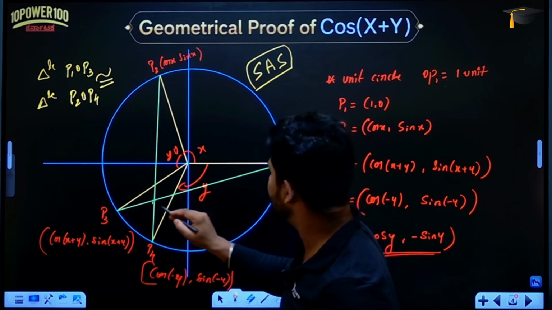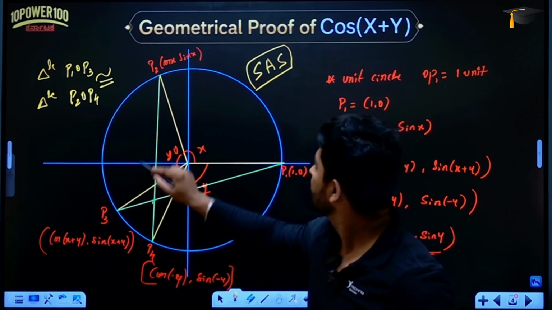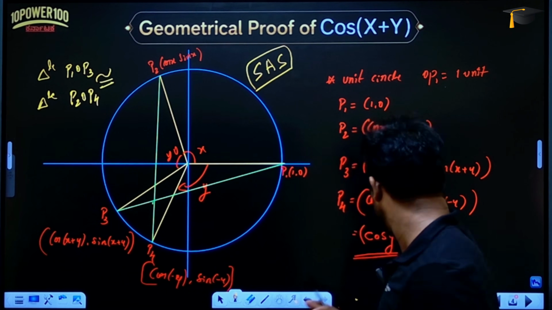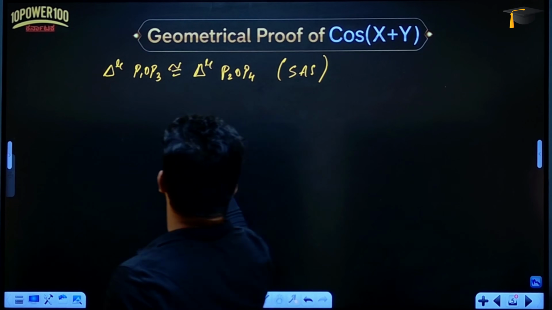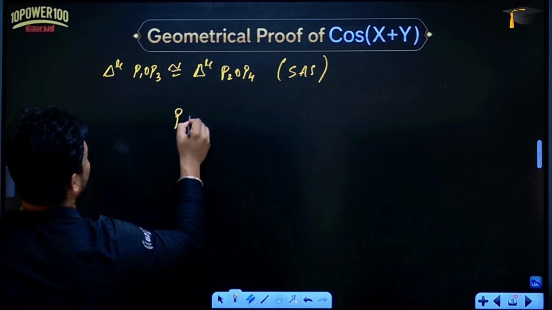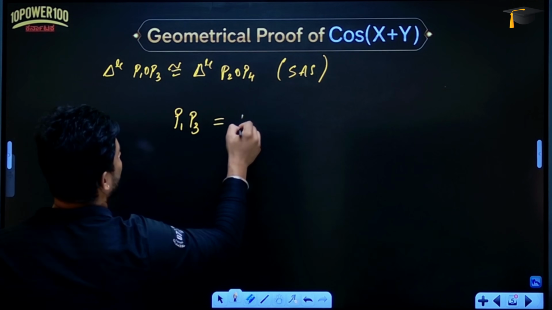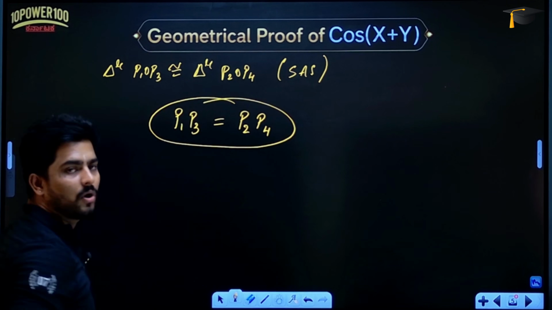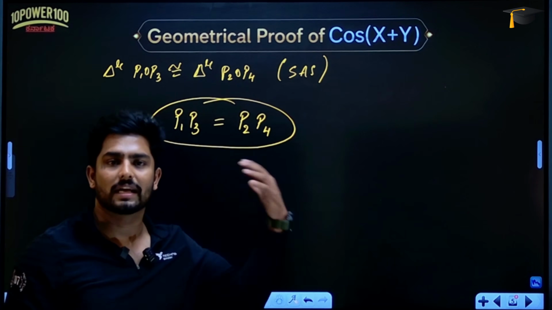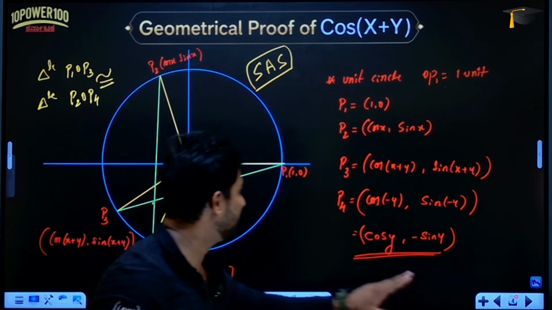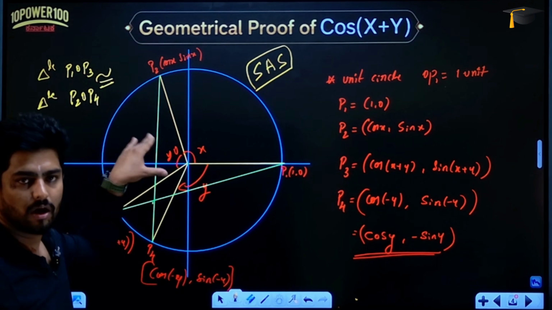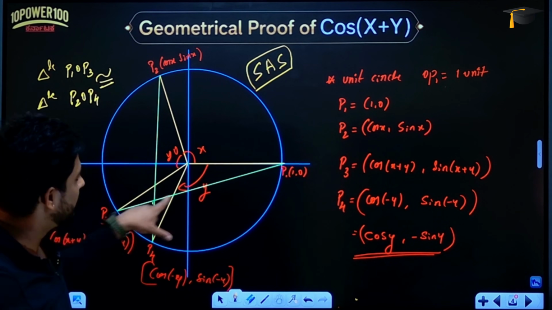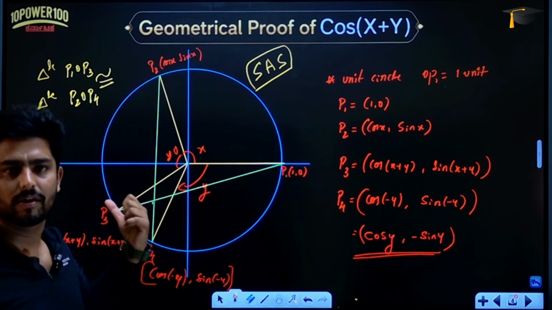The length in green color that I have taken, there is P2 P4 and P3 P1. I can say it is equal, children. So P1 P3 is equal to P2 P4. So the distance between point 1 and point 3, and point 2 and point 4 are equal, I can say, because of SAS criteria. So both are congruent to each other. Since they are congruent, I can say that this green side, the line of these two triangles, will be equal.